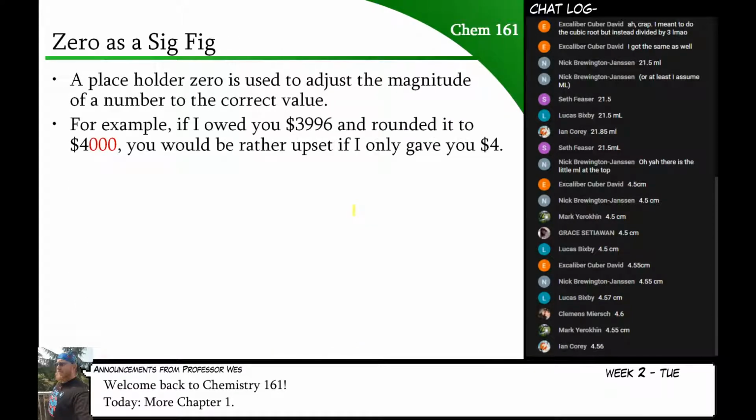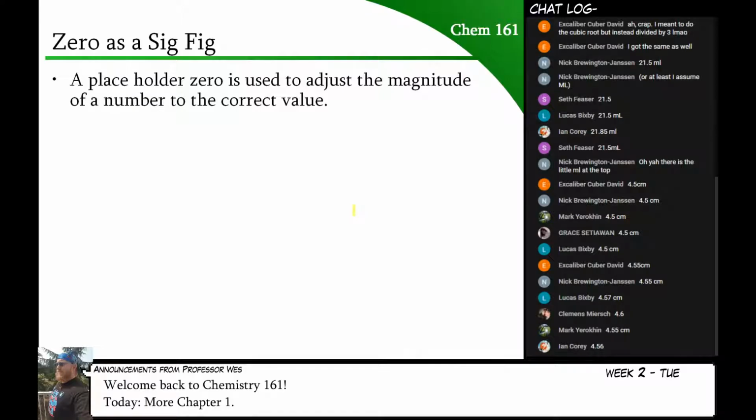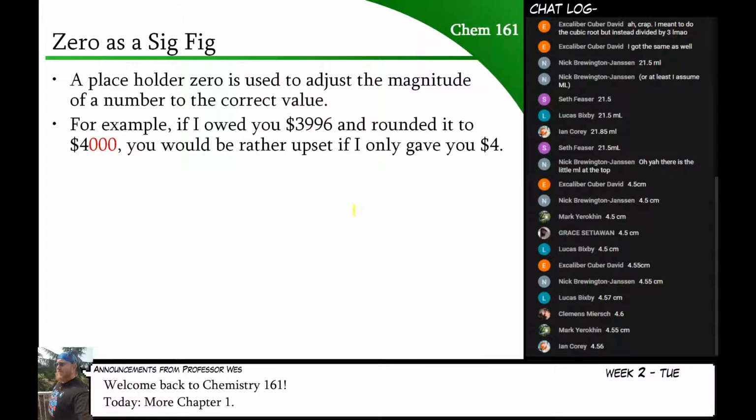Let's look at some examples with 0. So if I owed you this much money, $3,996, and then I rounded it to 4,000, and then said, well, wait, the zeros don't mean anything. They're just placeholders, right? So I could just do this. There, that's how much I'm going to pay you.